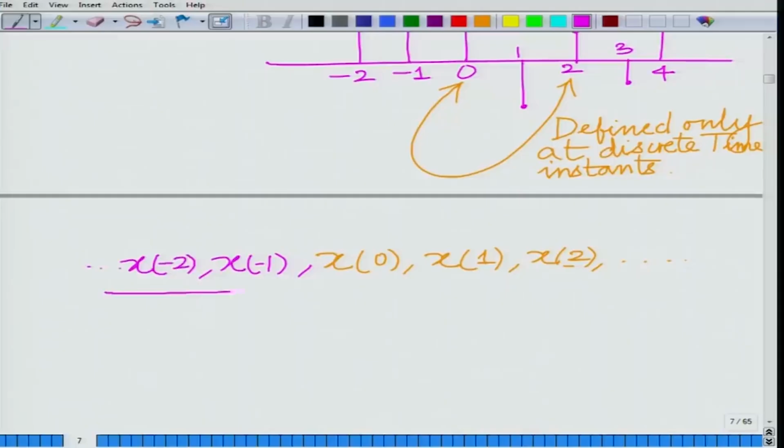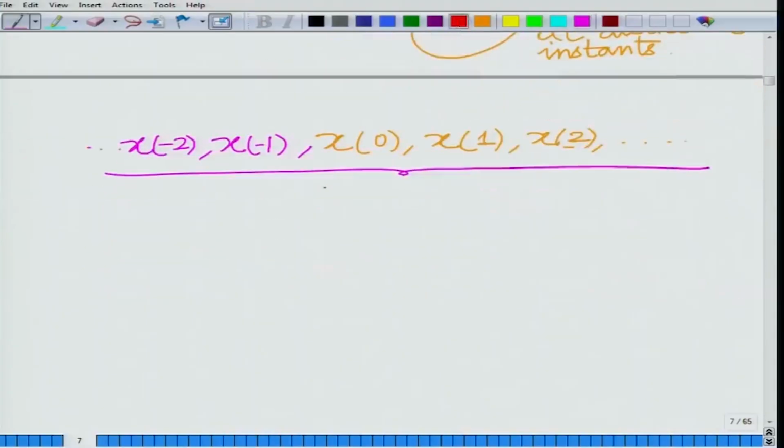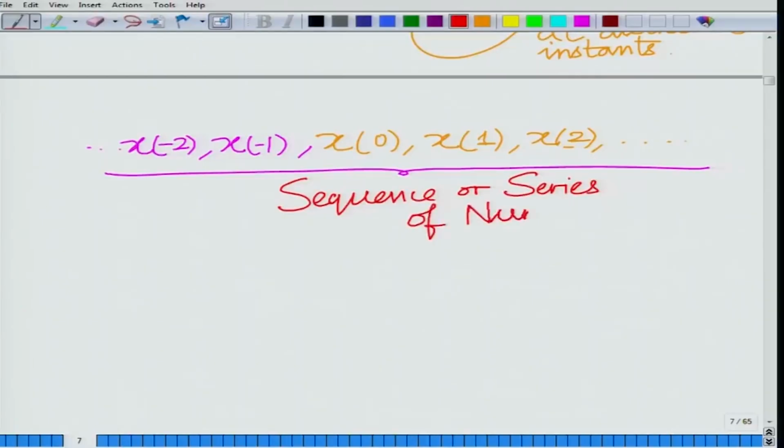So, these can be defined as a sequence or series of numbers. It is also known as a time series.